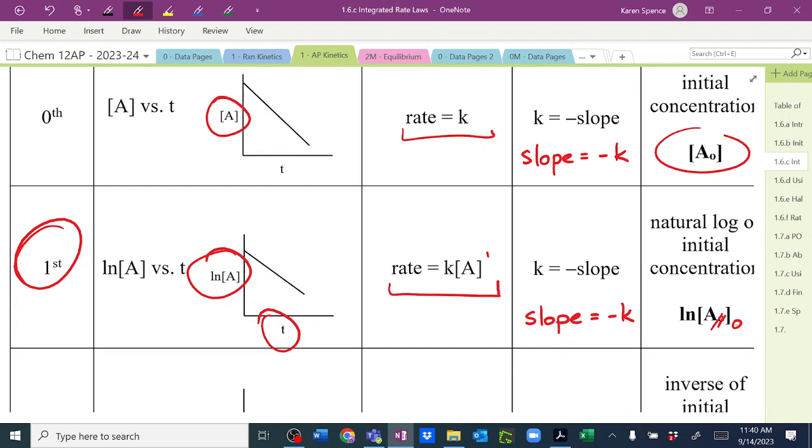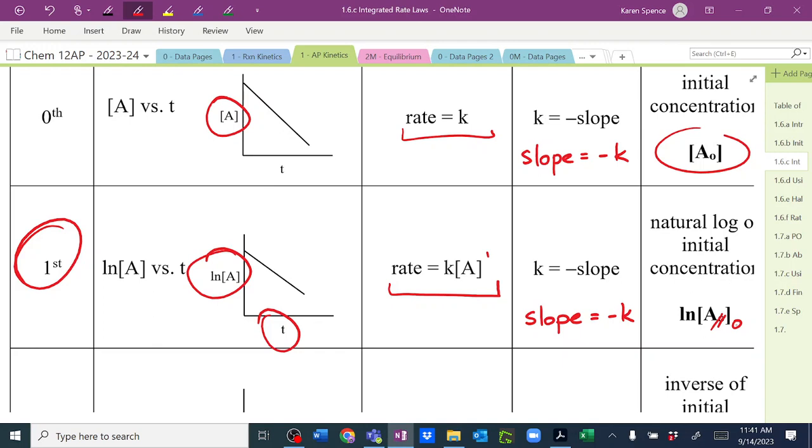Now, if we have a second order equation and we plotted the concentration of A versus time, you're going to again end up with a curved graph. Don't like curved graphs, can't find a slope of a curved graph. If you've taken calculus, you could probably figure this out.